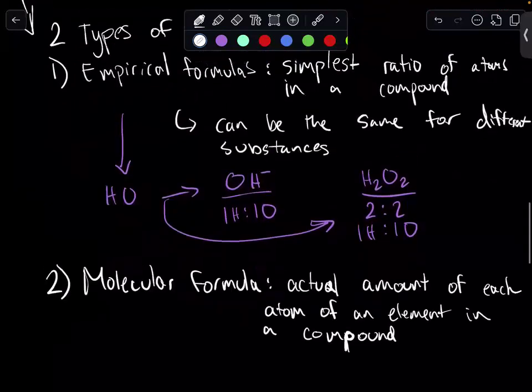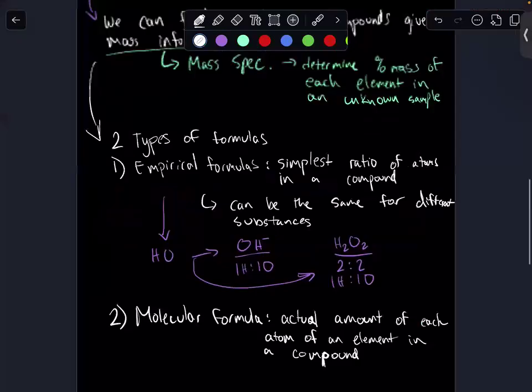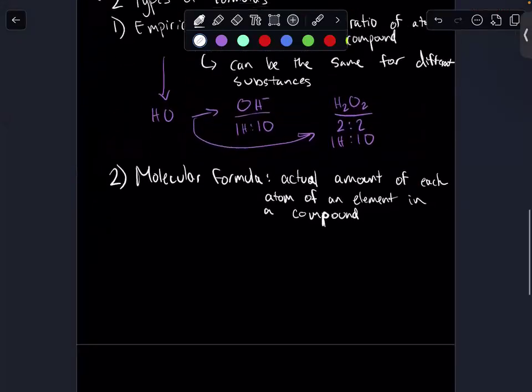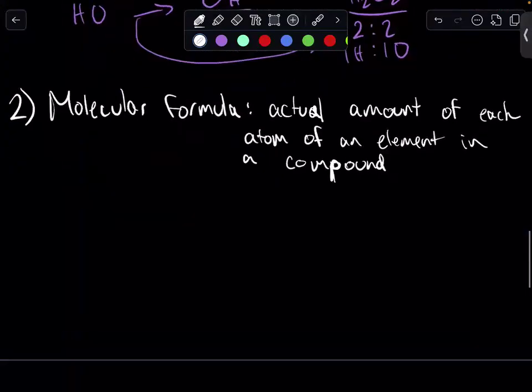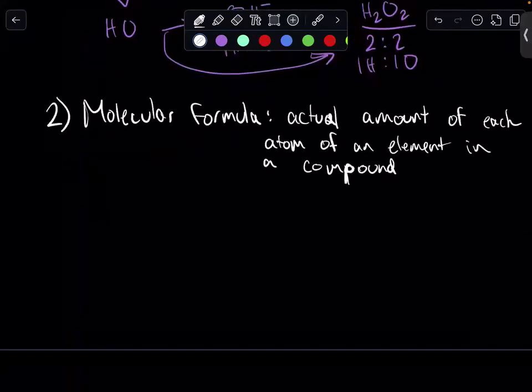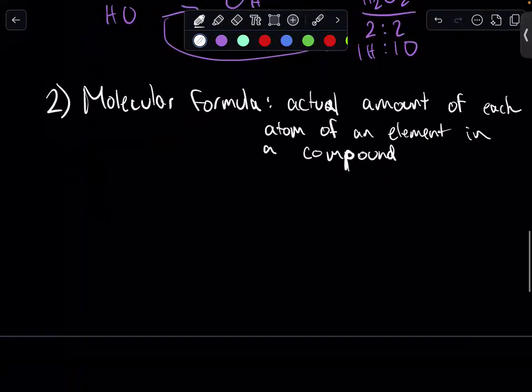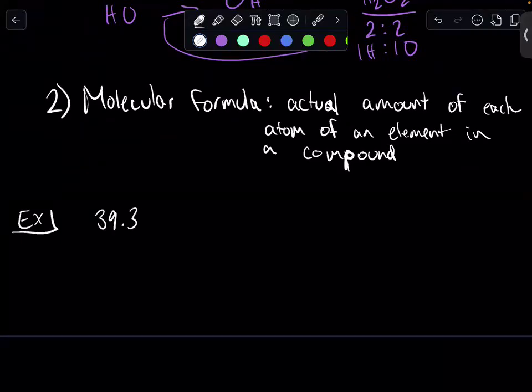All right. So going back to what I said from before, we're going to once again use mass percentages to find an empirical formula. So we'll do that with an example. Let's start off with the example that we have a sample of 39.3% mass sodium, Na.